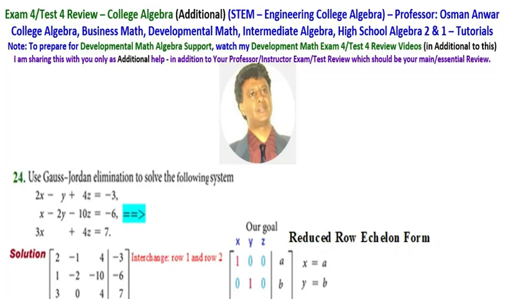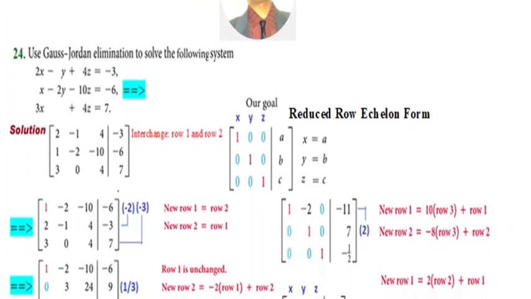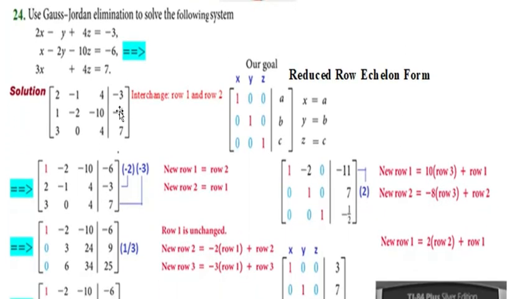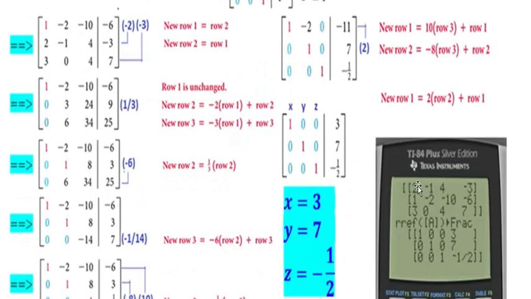We create a matrix called A, and the matrix is 2, 1, 3 for X, for Y minus 1, minus 2, 0, for Z 4, minus 10, 4, augmented with minus 3, minus 6, 7. Then we do ref A.